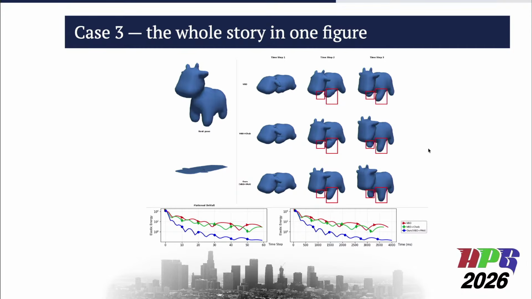You can see in the second and third rows, the second is Chebyshev, and the third row is ours. In the same step, our method resumes the original shape more quickly.